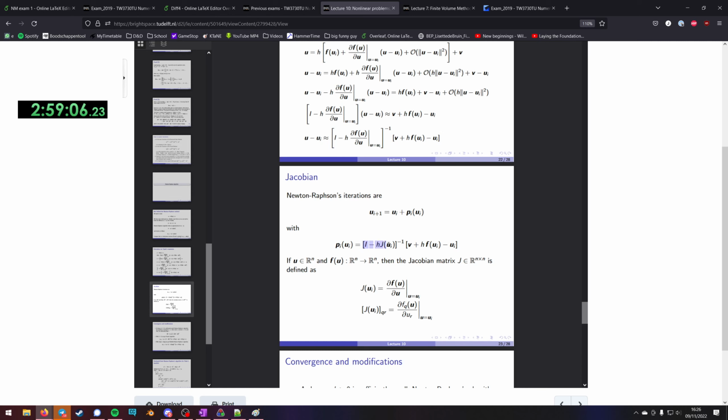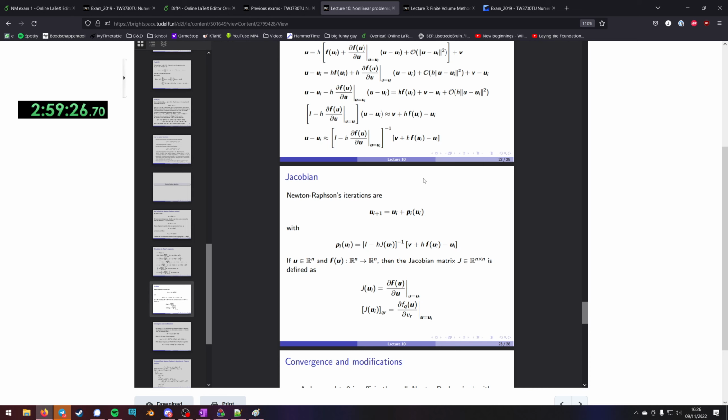Yeah, so here is what I said, where you take the inverse, so you can get that uk plus 1 out of there. And the Jacobian is just the derivative.